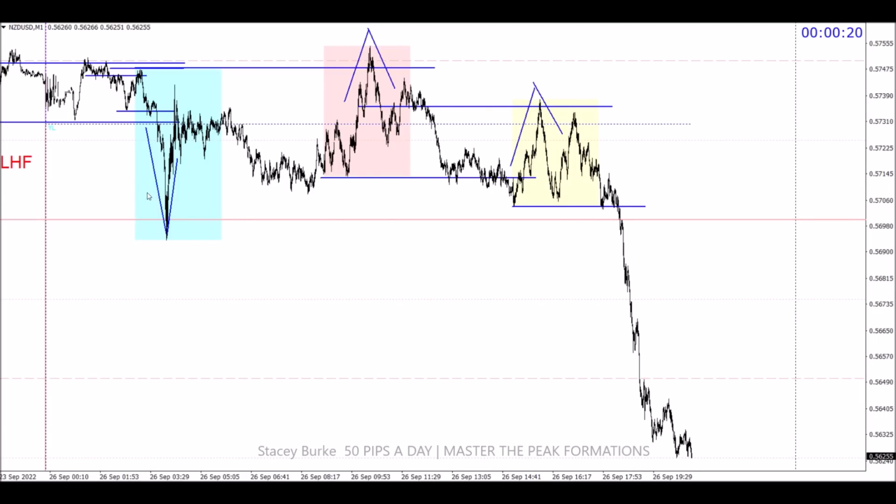Three peaks: peak formation low in Asia, peak formation high in the London session, in the equity hour. Pump up, New York opens, and they bring traders back up into the peak formation of the US session inside of the London peak formation high without taking out the lows. This is the consolidation sideways for a fast, explosive capitulation style 50 pip move.